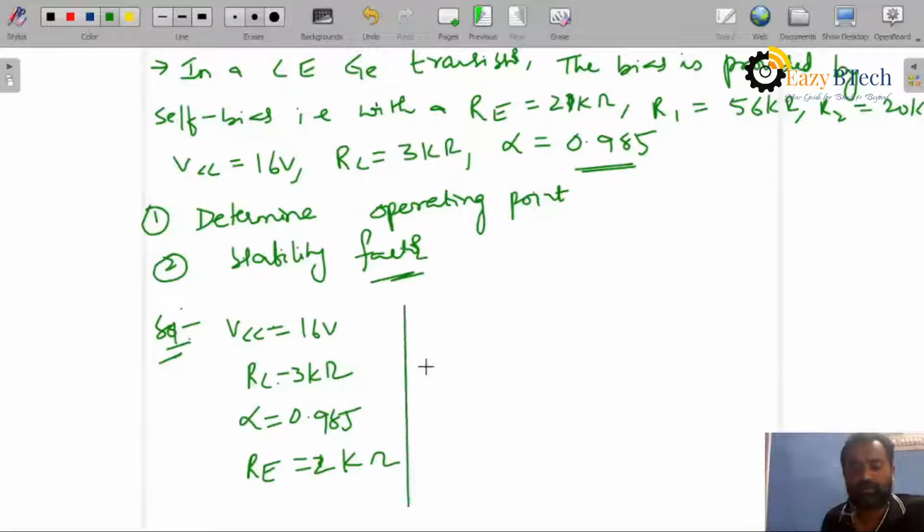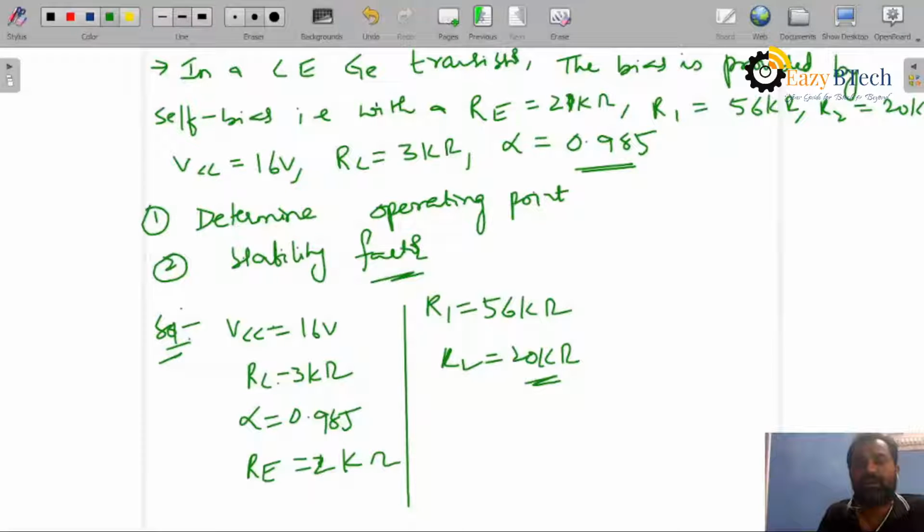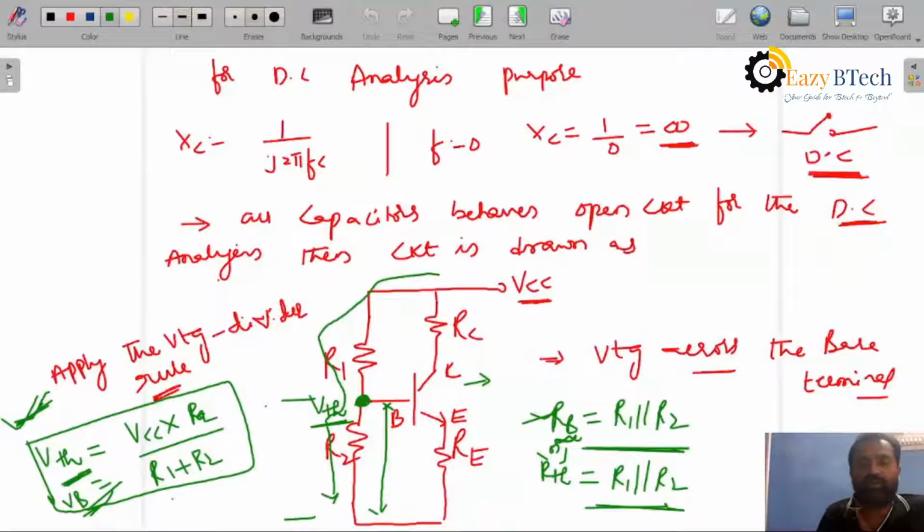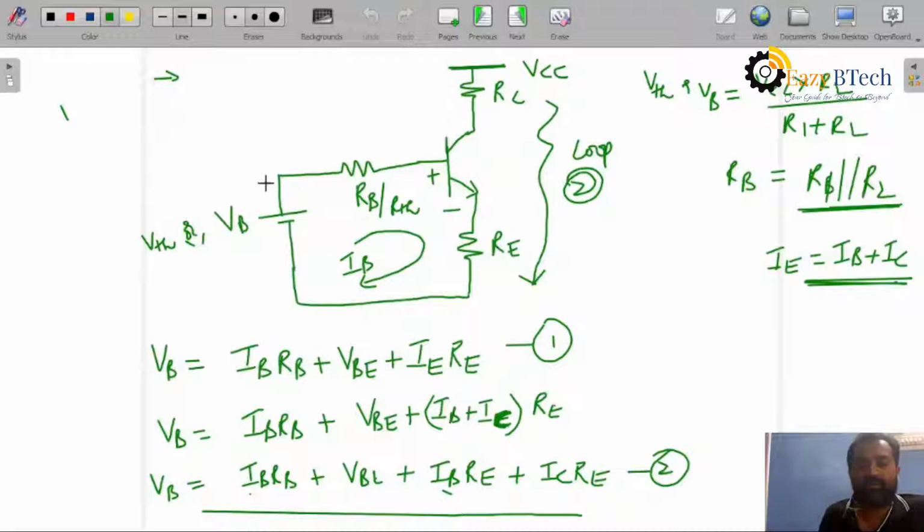Next R1 56 kilo ohm, R2 20 kilo ohm. Now for the analysis, to get this circuit, we need V Thevenin, VB and RB values. RC and RE are already given.